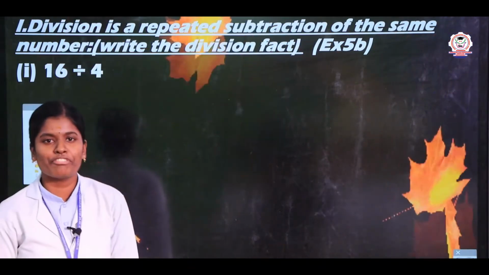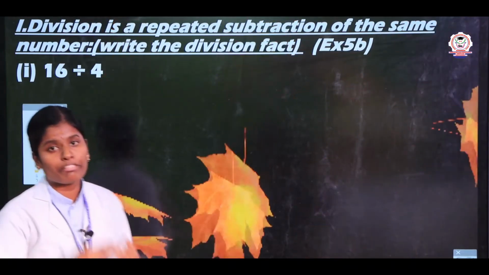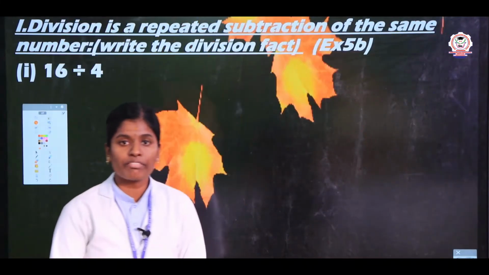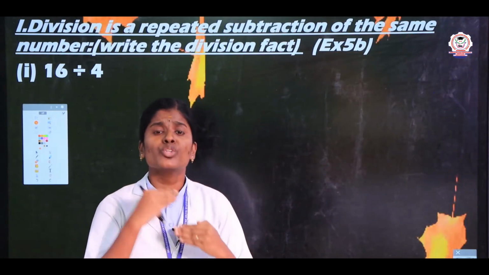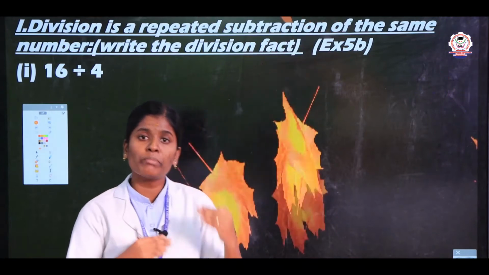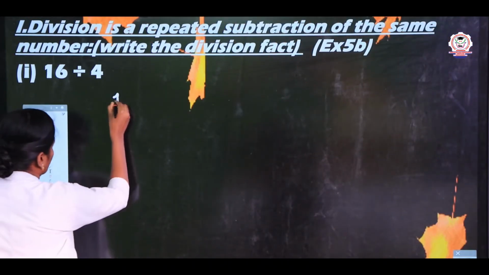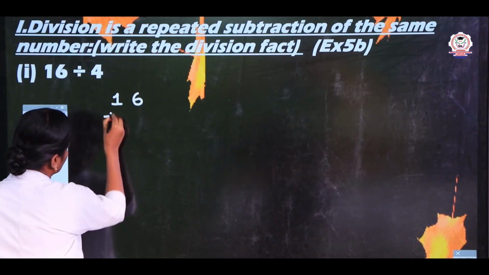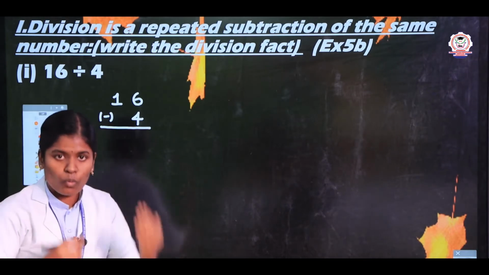Write the division fact. Here we have the question 16 divided by 4. Finally you should write the division fact. Now we are going to take 16 minus 4. So repeatedly you should subtract 4 from 16. Now take the ones place.